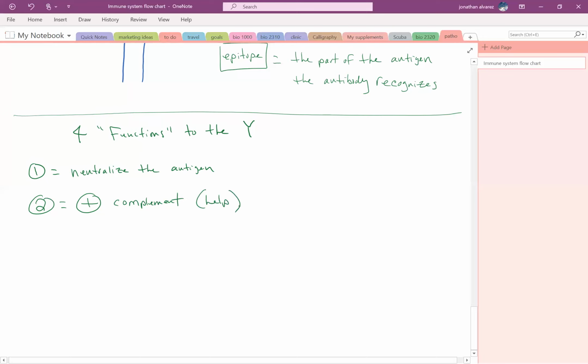So they activate complement, which means more help is coming. One of the ways they do that is through chemotaxis and inflammation.